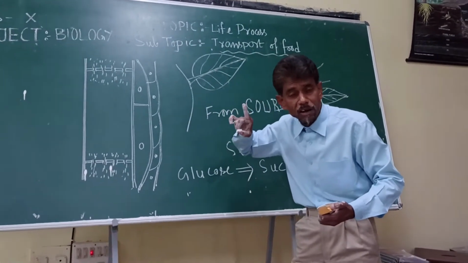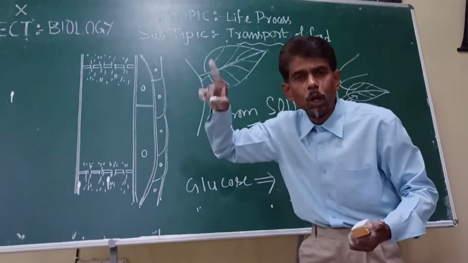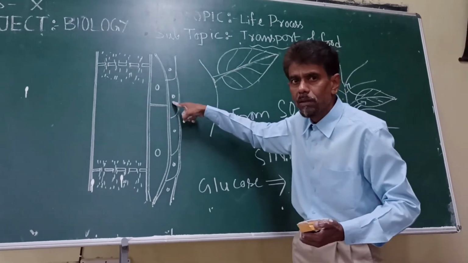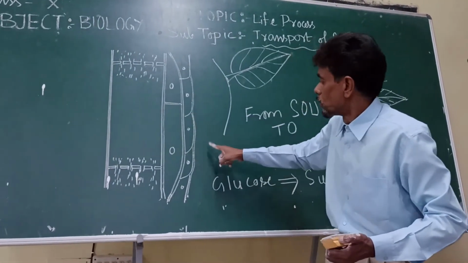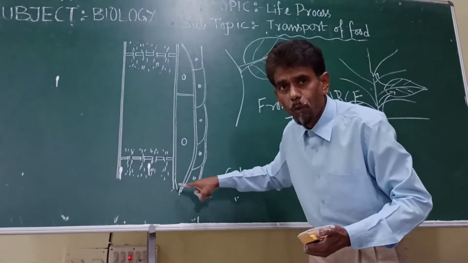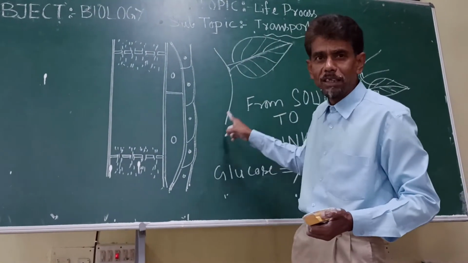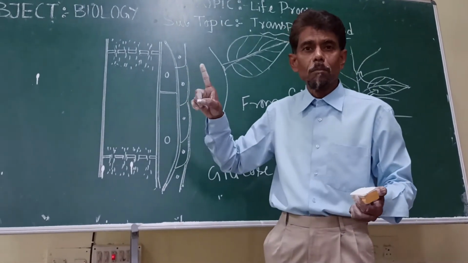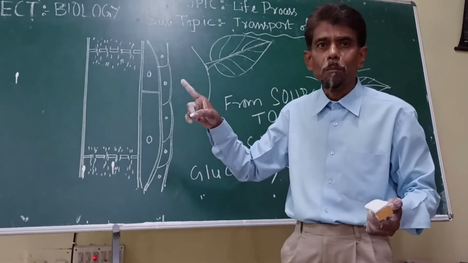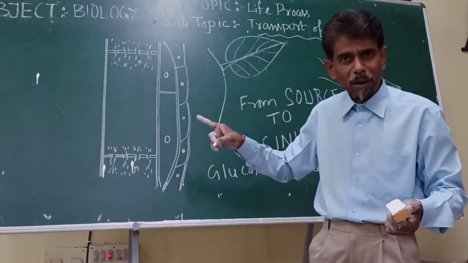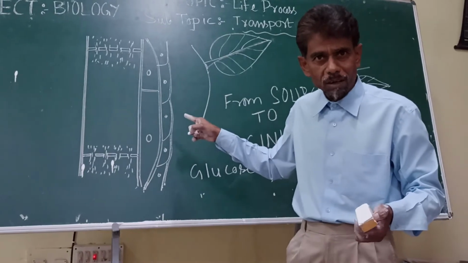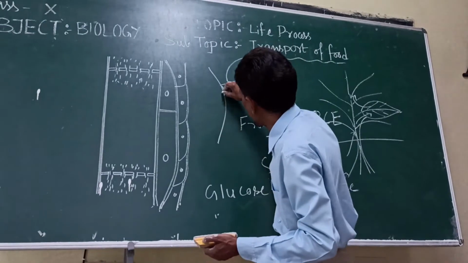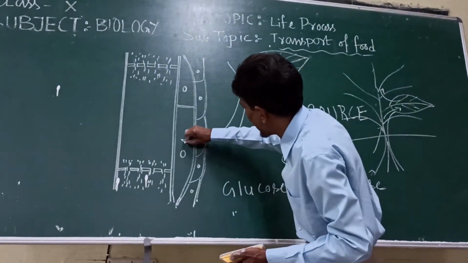Try to understand very clearly. Actively loaded where? To the phloem tissue. Phloem tissue, as I told you in my previous class, is comprised of sieve tube, companion cell, phloem parenchyma and phloem fiber. So first of all, it is actively loaded to the companion cell.